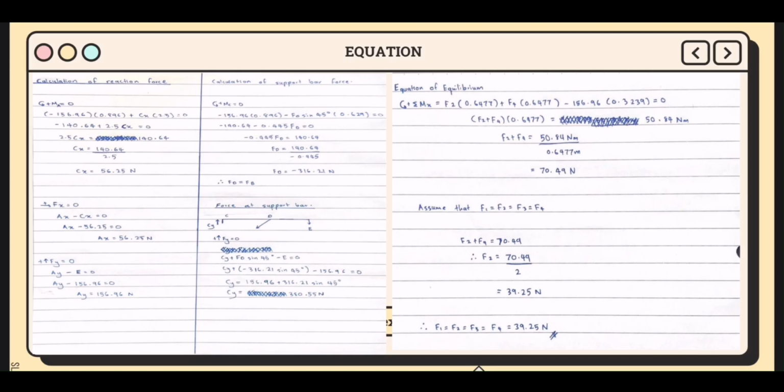First, we add F2 times the distance 0.6477 with F4 times 0.6477 and minus 156.96 times 0.3239 equal to 0.